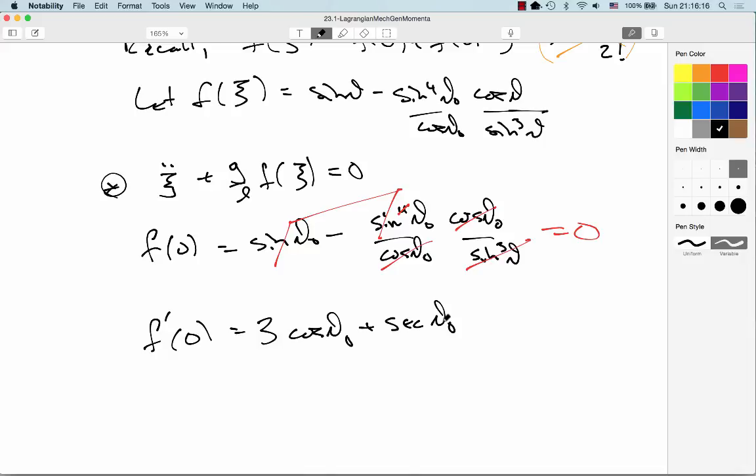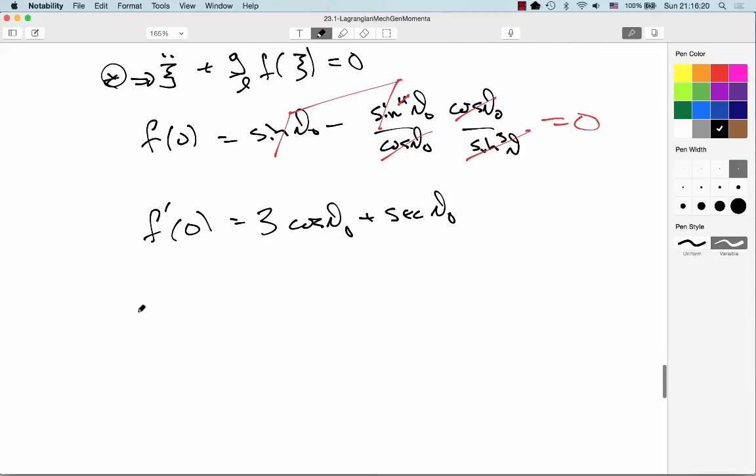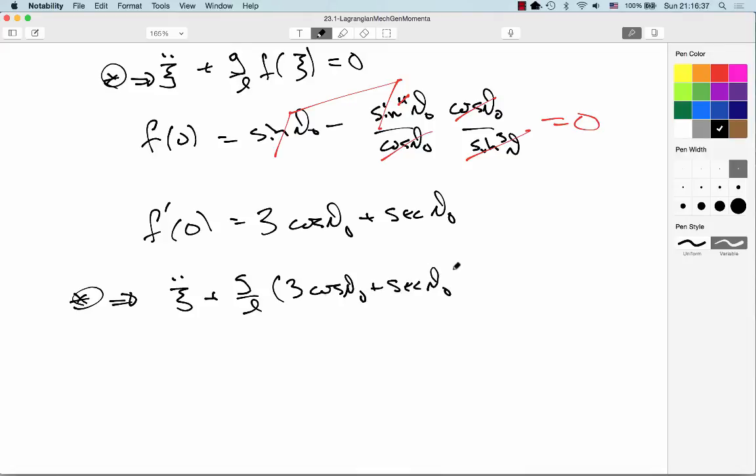So, as long as we keep our xi small, star has now become xi double dot plus g over L times 3 cos theta naught plus secant theta naught, times xi, equals 0. And we know what that is.